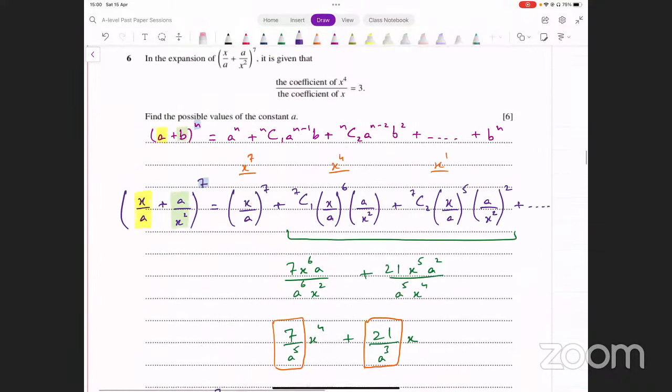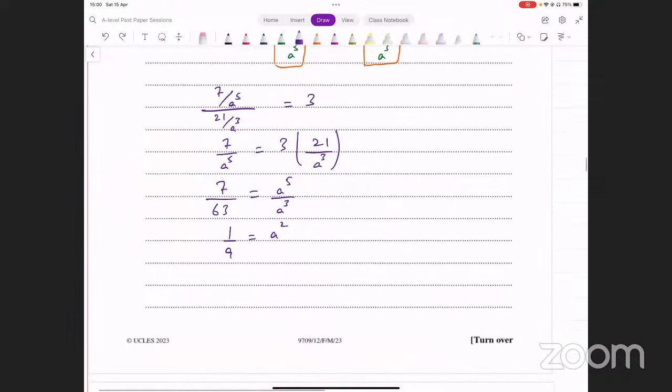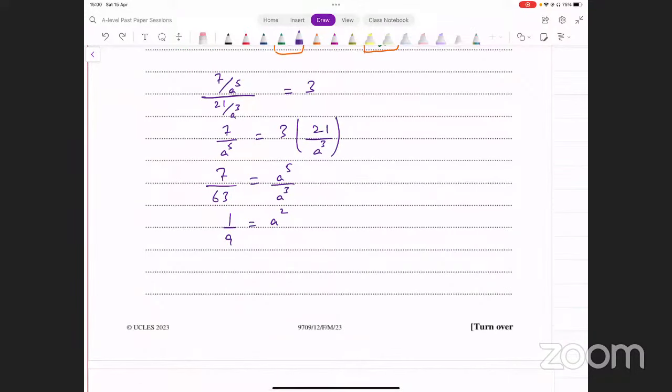अब उसने a पे कोई कंडीशन तो नहीं दी हुई है कि a पॉजिटिव है या नेगेटिव है. We don't know what that is. उसने यहाँ पे लिखा हुआ है possible values of a. That means you are going to get multiple values of a. तो अब आपको क्या करना है, स्क्वायर रूट लेना है. But remember, whenever you take square root, you have to put plus minus. So the possible values of a that we get from this are plus minus 1 over 3.